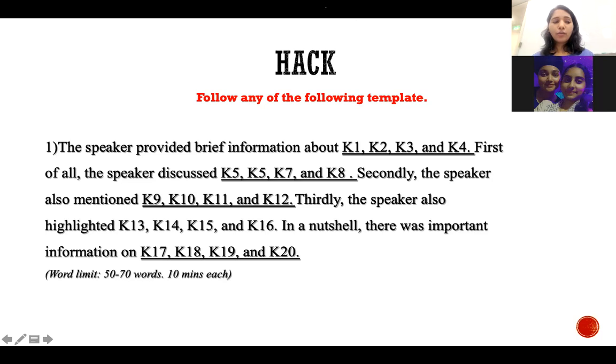Are you ready with your pen and paper? Yes, ma'am. Try to take notes and then write a summary using this template. Will you do that? Ma'am, yes.